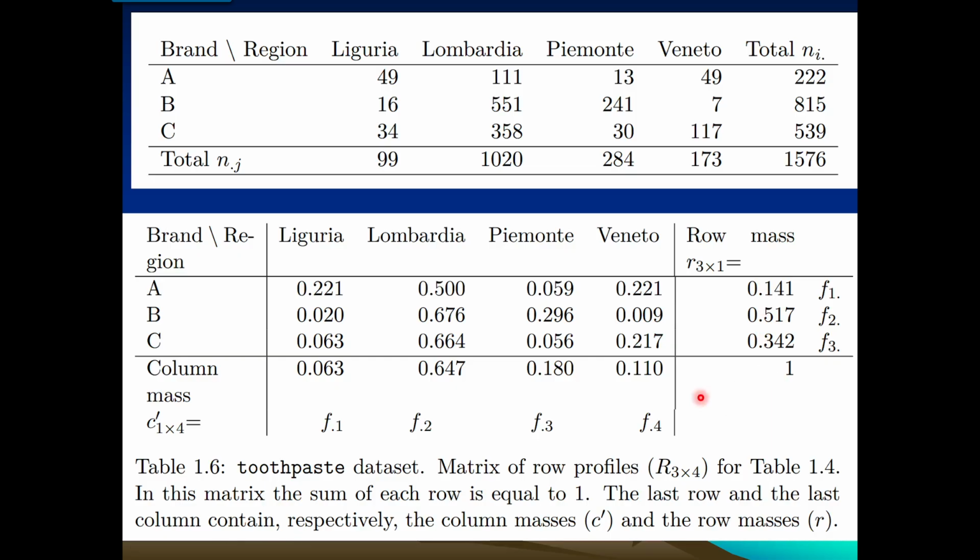Row masses and column masses. Note that vector R and vector C prime, the transpose. Okay? So, therefore, this is like a matrix R, as we have seen. There is matrix X, a matrix of numbers, not of categories.